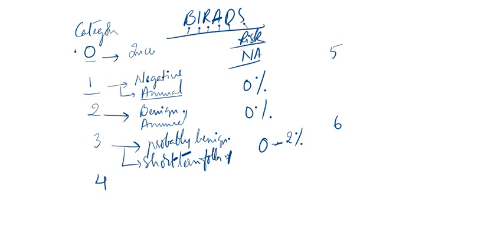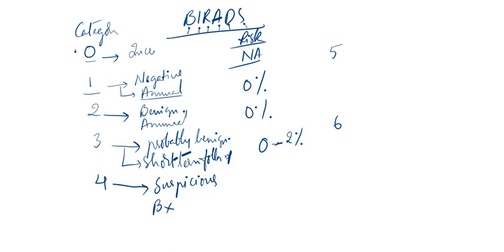So what if the patient gets a BIRADS score of 4? Then you should be suspicious of some sort of malignancy changes in the patient, and biopsy is recommended.